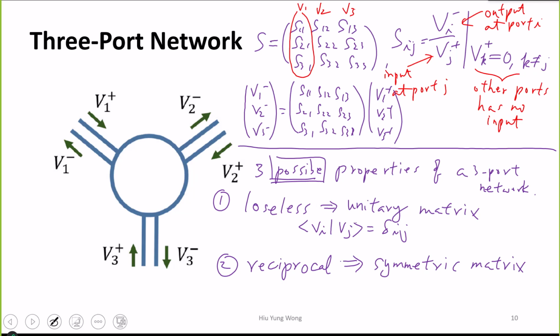One says the transmission from one port to another port is the same as vice versa, and then she said the transpose is the same. So basically, it's Sij equals Sji. Okay, so that's okay.